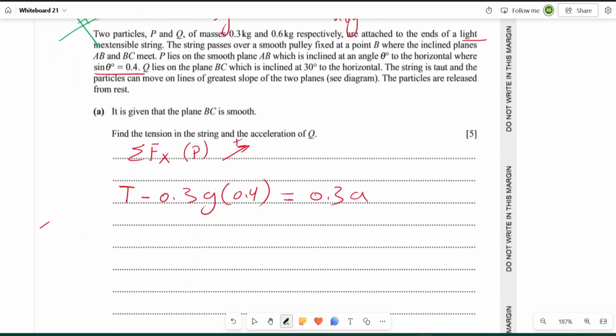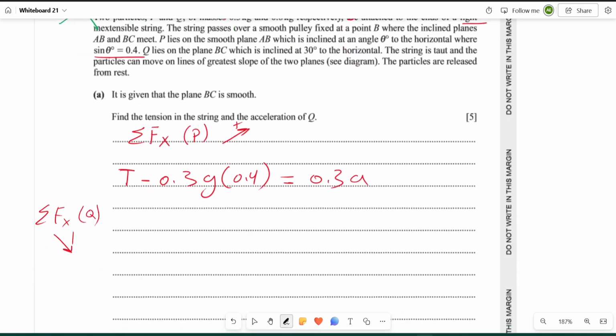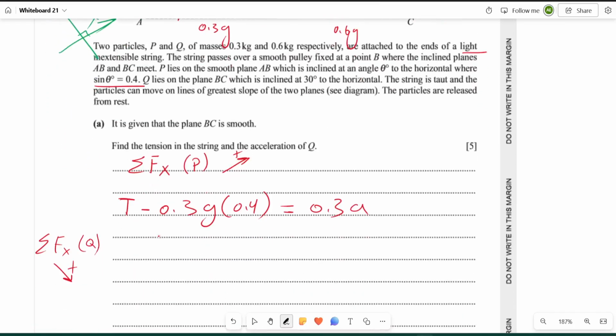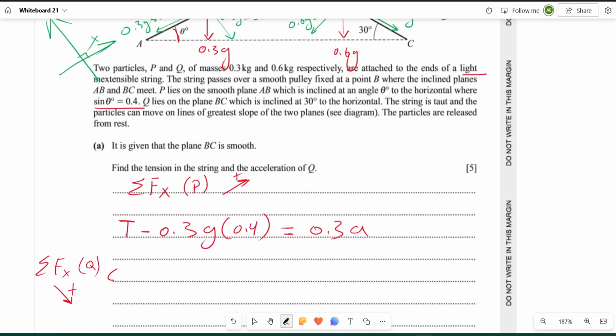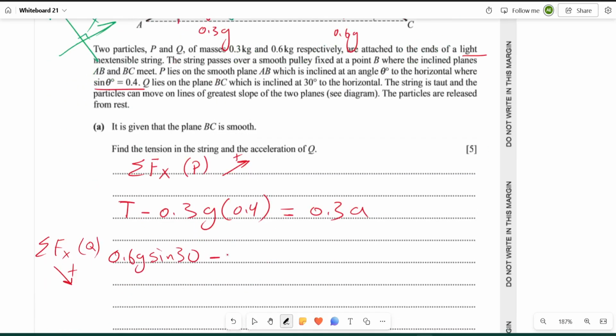Now, let's do the same, sigma F x for particle Q, taking now down the slope as positive because that's the direction of the acceleration. So the force down the slope is basically 0.6 g sine 30. And then up the slope is the tension, so it's going to be negative.